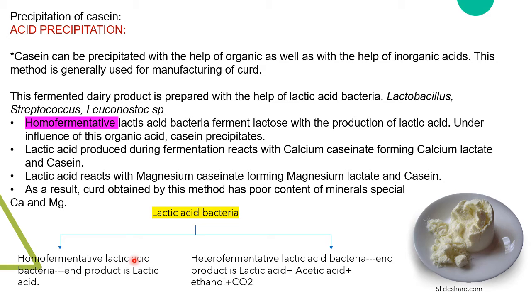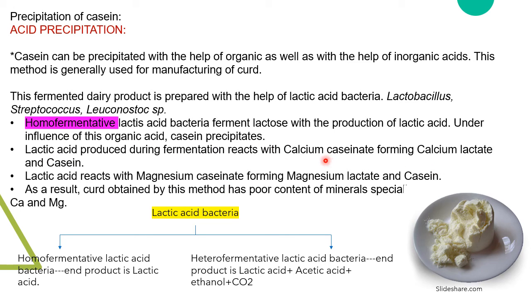Okay, so homofermentative lactic acid bacteria ferment lactose, the sugar which is present in milk, with the end product of lactic acid. Under the influence of this organic acid, casein will precipitate. Lactic acid produced during fermentation reacts with the calcium caseinate, forming calcium lactate and casein.